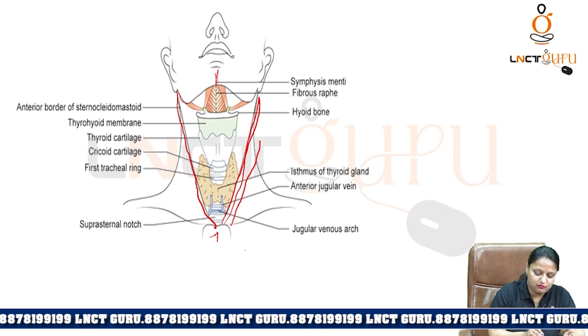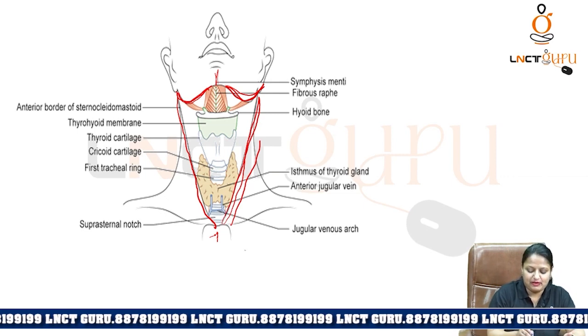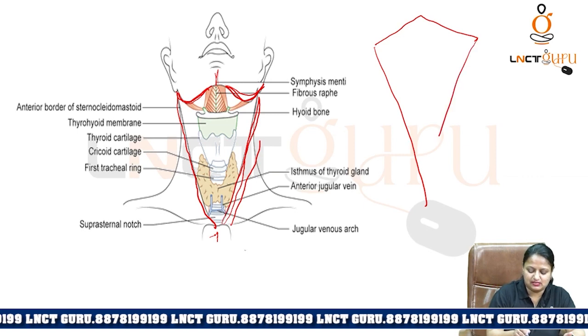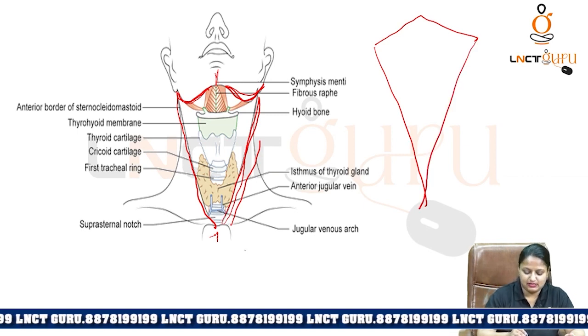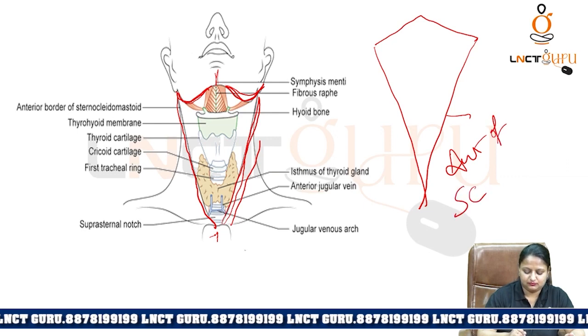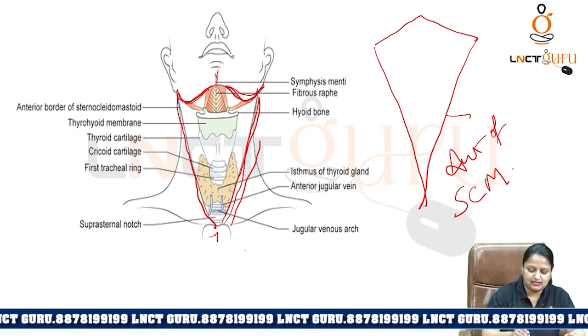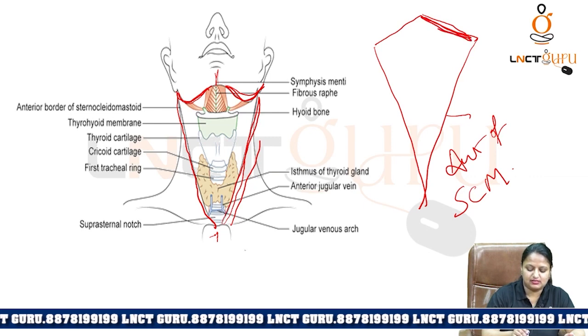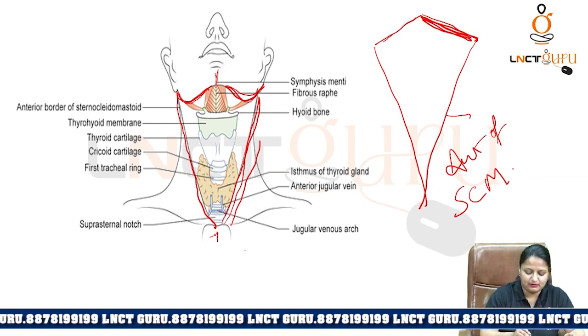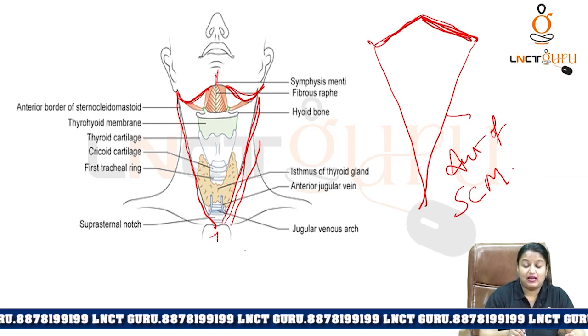Now this is the base of the mandible, the angle of the mandible and the base of the mandible. So this is forming the base of this region. The region is like this. These are the anterior borders of the sternocleidomastoid muscle, and this is the base and angle of the mandible.